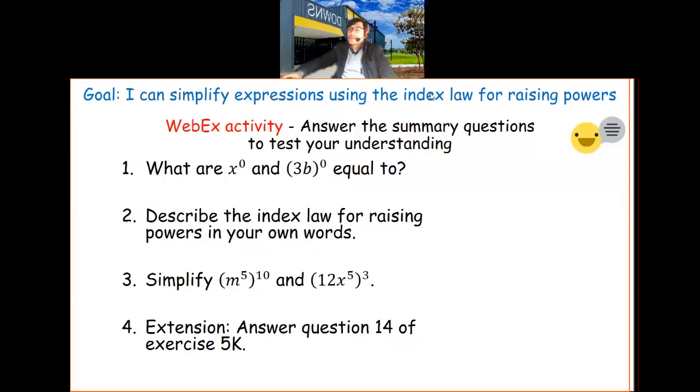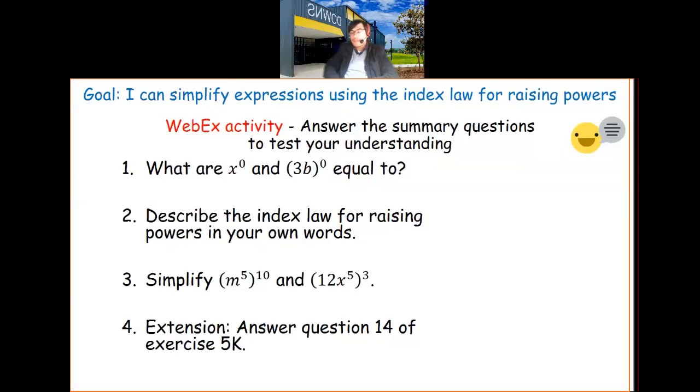So we are going through the summary questions together here, guys. The first question: what are x to the power of 0 and (3b) to the power of 0 equal to? If you know the answer, put it in the chat.